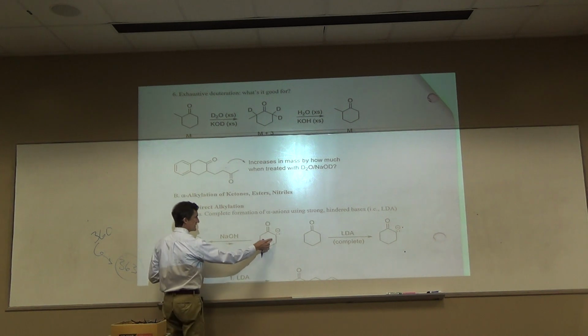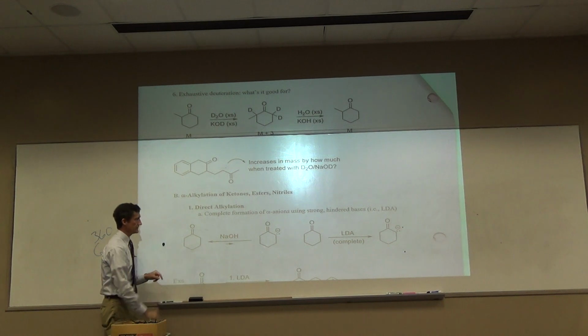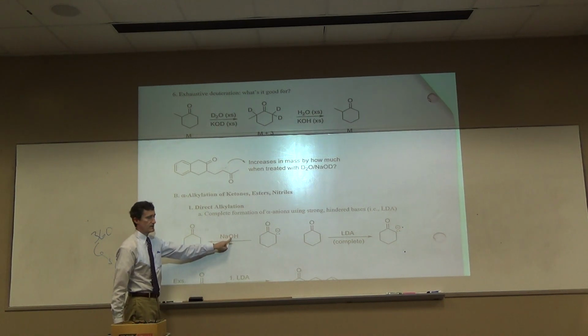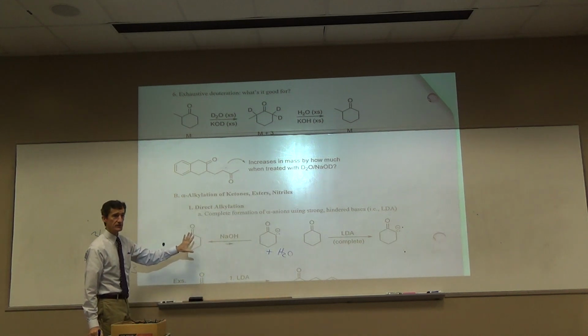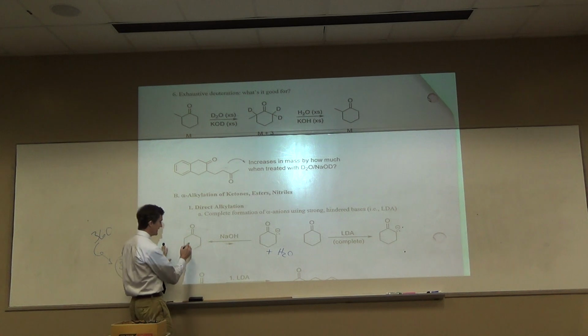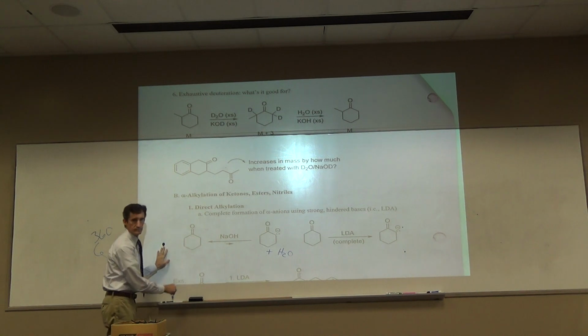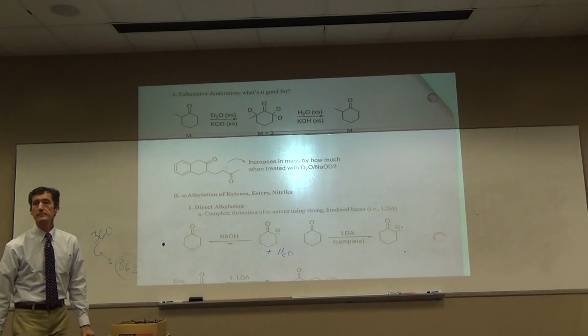But this equilibrium is not good. This is favored if we use hydroxide, because this plus water, right? How do you judge equilibrium? We learned in organic 1, pKa. What's the pKa of these H's? About 20.